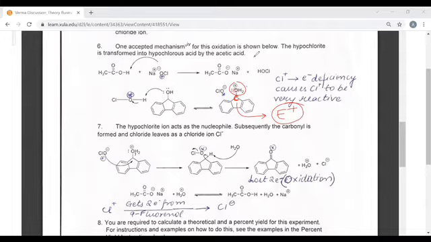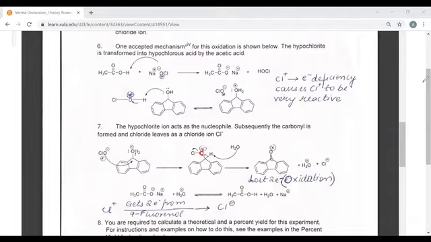The nucleophilic part then attacks this electrophilic carbon. When this electrophilic carbon is attacked, and this is one of the probable mechanisms, the oxygen from the bleach forms your next double bond.